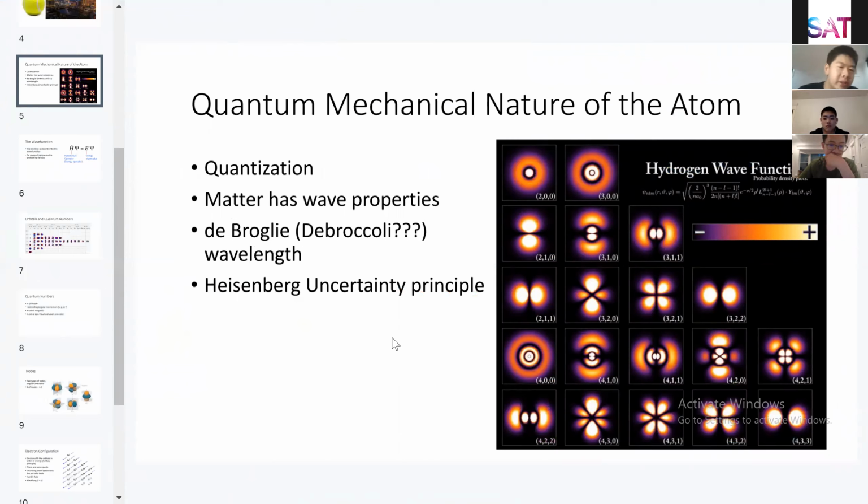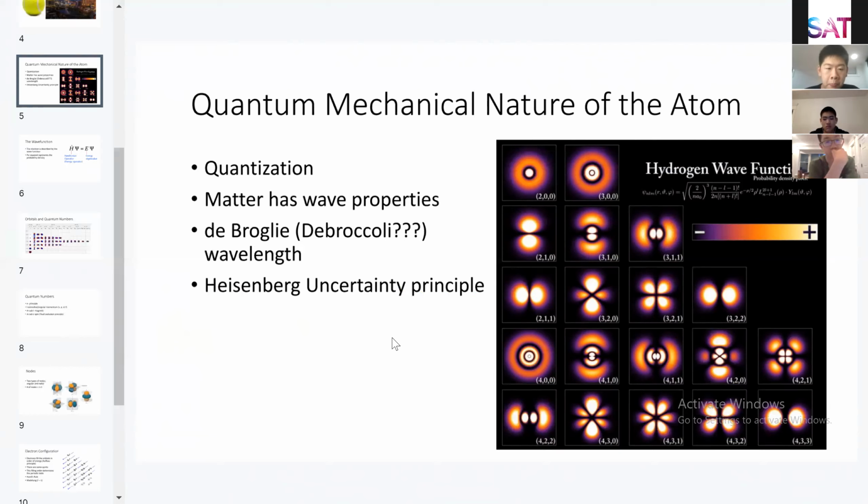So what does quantum mean? It has to do with quantization, the idea that you can break stuff into little bits, right? The idea that energy is quantized. That means that these electrons can't just have any energy. The electrons have to have certain energy levels, and they cannot be in between those energy levels, basically.